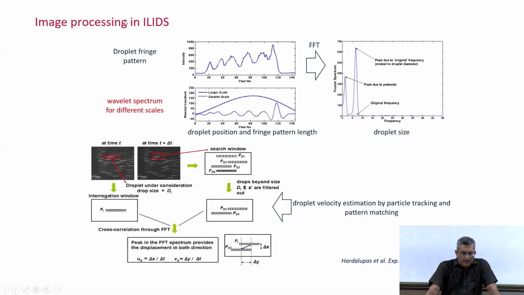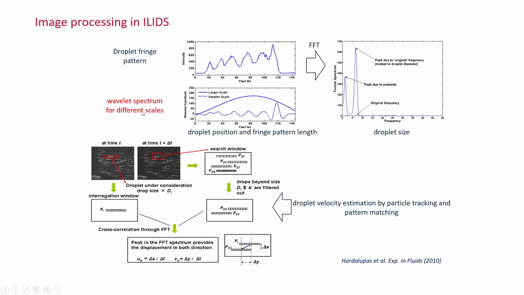The image processing in ILIDS is involved. You have to identify the fringe patterns first, and this is a typical fringe pattern. I would say that this is a very good fringe pattern. Sometimes because of noise due to various reasons, background noise, electronics noise, or multiple scattering if the number density is high, you may get a very noisy signal.